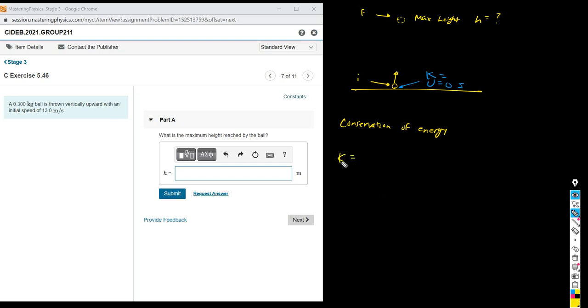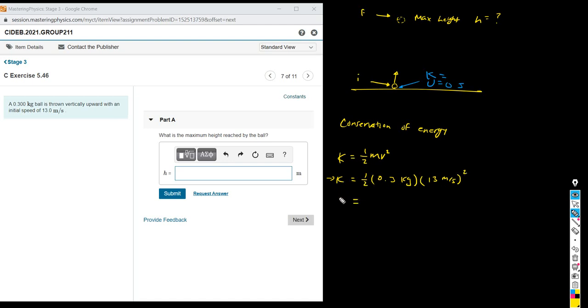How? Well, we know the formula for kinetic energy, right? It's 1/2 times the mass times the velocity squared, and therefore I can calculate the kinetic energy with which the ball starts going upward. So it's going to be 1/2 times its mass, which is 0.3 kilograms. Everything is in standard units, so that's good. And the velocity is 13 meters per second, so it's 13 meters per second squared. Remember, if you know that you're using official units, you can ignore the units at this point.